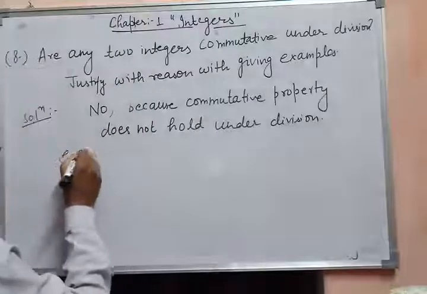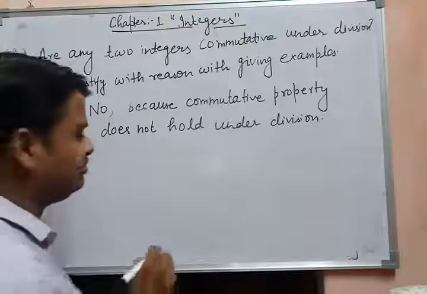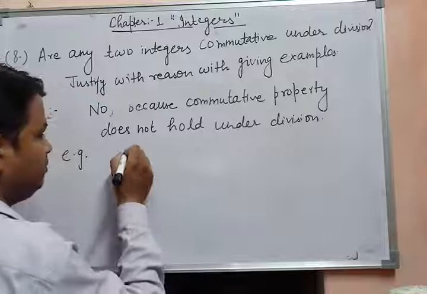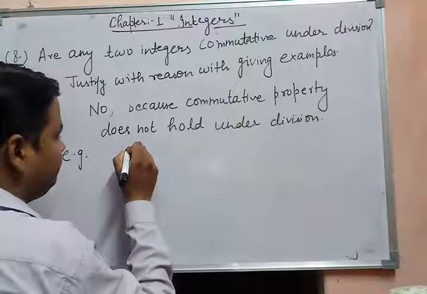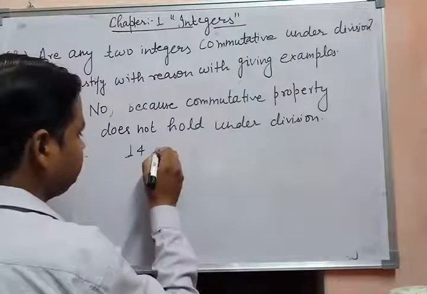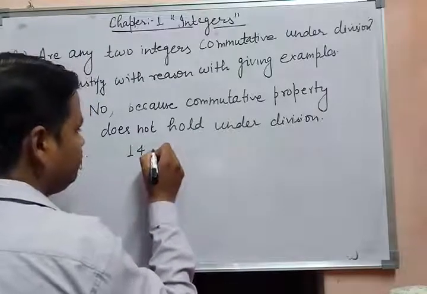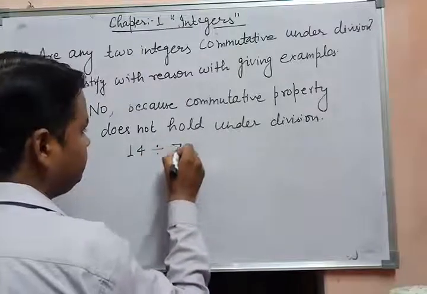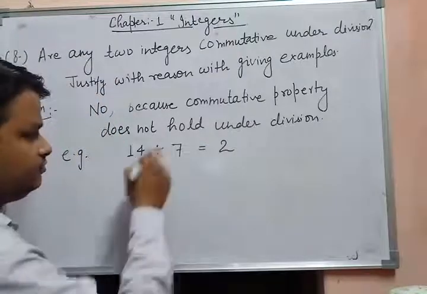So for example, if we take two integers, for example 14 and 7, if we divide 14 by 7, then we will get 2, because 7 twos are 14.